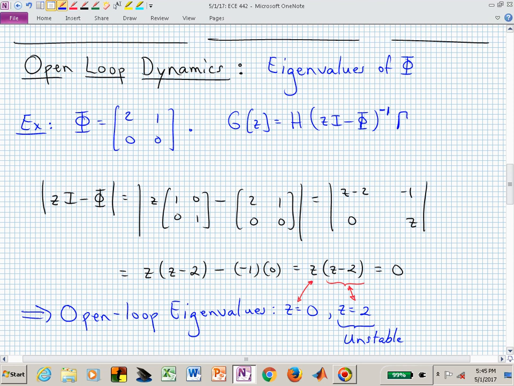The way that we're going to do that today is via full state feedback. If we wanted to, we could also find the transfer function of the system, G of z, which is H, the output matrix, times (zI minus phi) inverse times gamma.